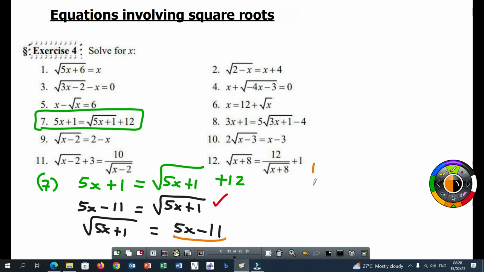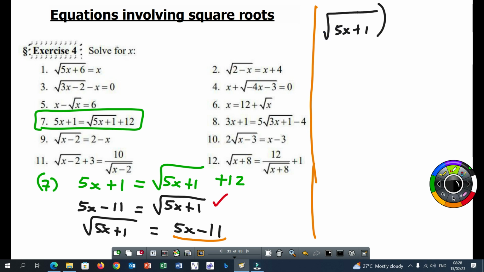Right? So what that means, I think I can use this space here. From here, we have the square root of 5x plus 1 all squared is equal to 5x minus 11 in brackets squared. Please take note of that.